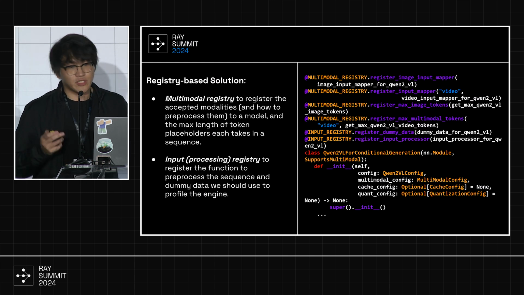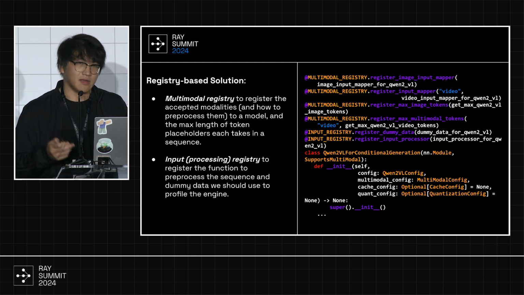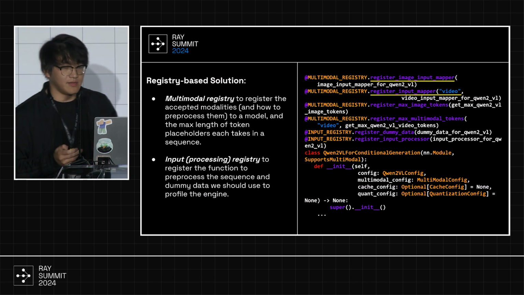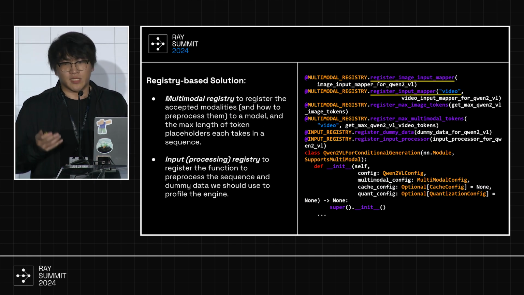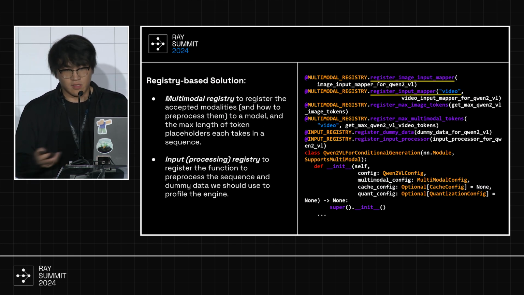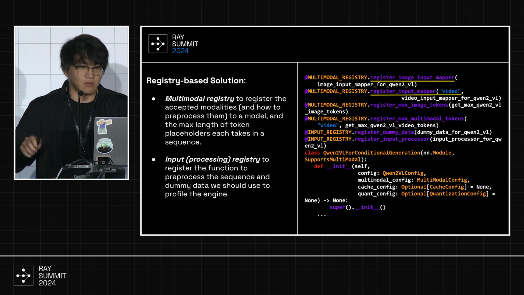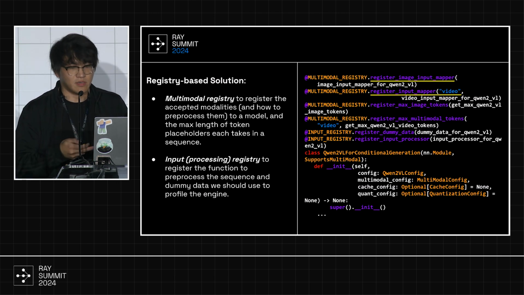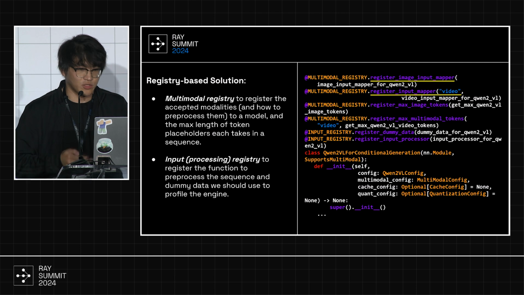The way we register and accept the modality is that we have a register mapper. This defines which modalities are accepted by this model, and how you want to process the input data for the actual last-mile processing. You can see here they actually wrote their own input mapper for this model.